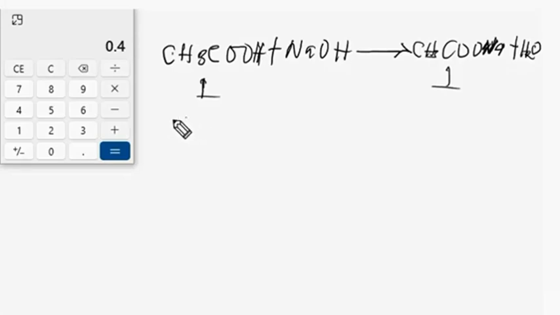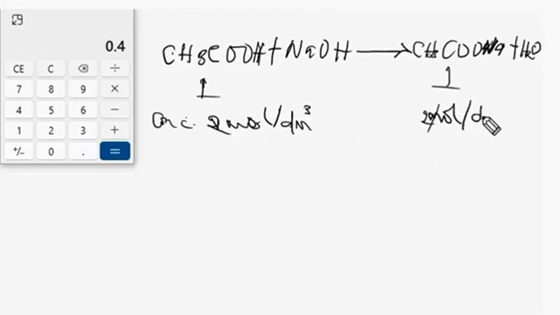So the concentration of this acid is 2 moles per dm cube, and it's yielding 2 moles per dm cube of the sodium ethanoate here.